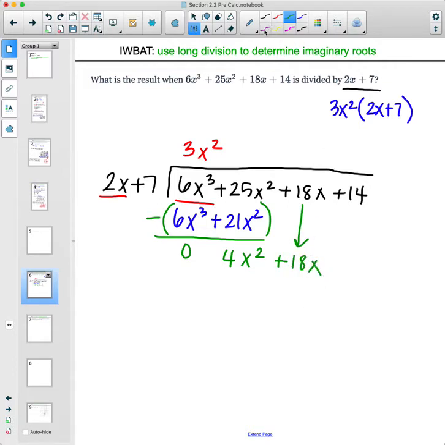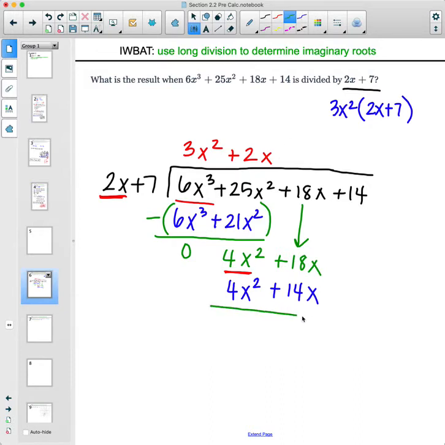So now you're going to start over. Okay, and you're going to again look at this 2x and figure out how to multiply it to get 4x squared. So 2 times 2 to get the 4, x times x to get the x squared. Then you'll multiply the 2x times this whole binomial, so 2x times 2x is 4x squared. 2x times 7 is 14x.